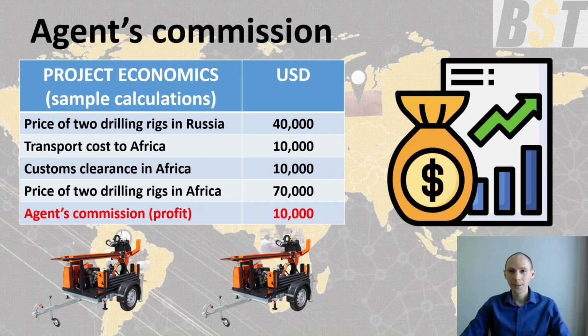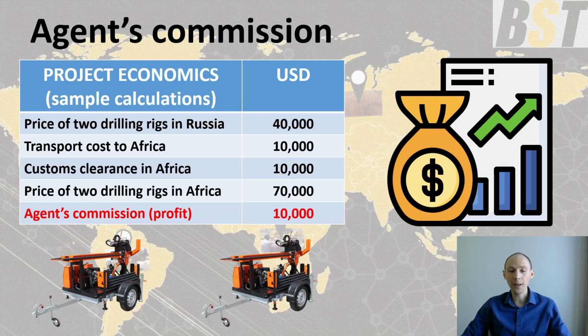Okay, dear friends, so let us discuss the most pleasant thing for the agent, which is the agent's commission. Hopefully you will be able to sell these 2 drilling rigs at stage number 1 very quickly, and let us make the approximate calculations of how much you can receive as your agent's commission.